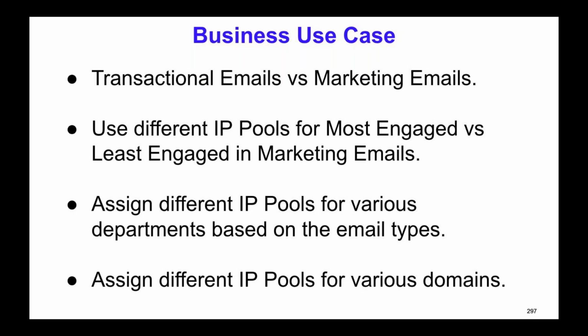So you can create an IP pool for each one of your domains, because MassMailer lets you add as many domains as possible, and then you can create IP pools and assign them to various domains. That's one more classic business use case scenario. Okay.